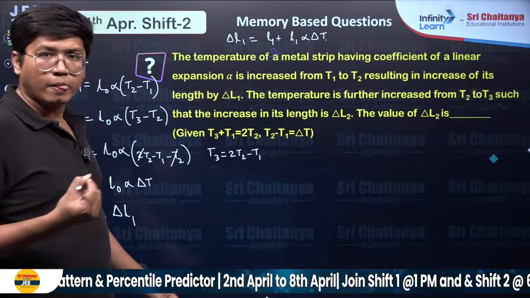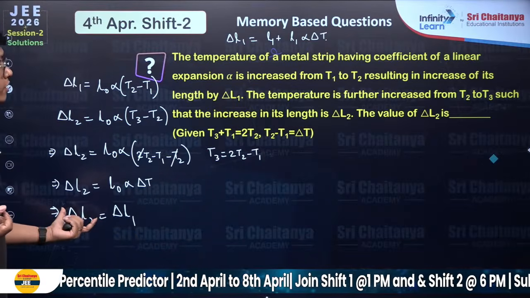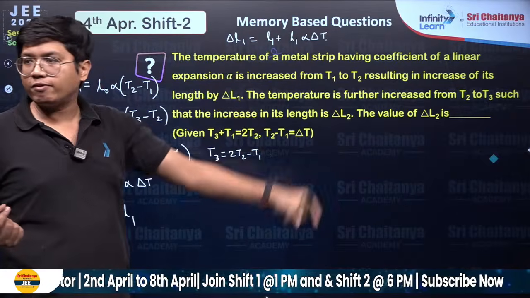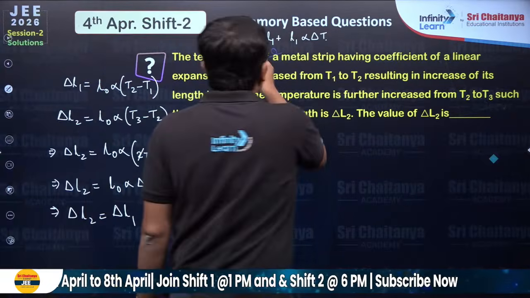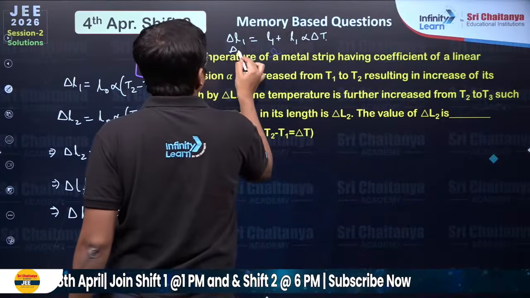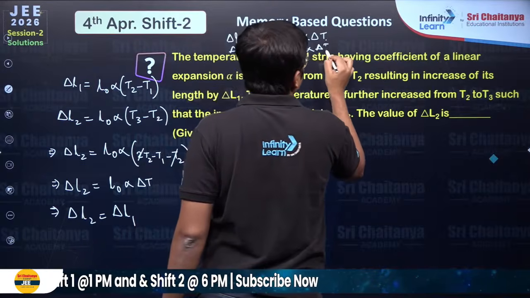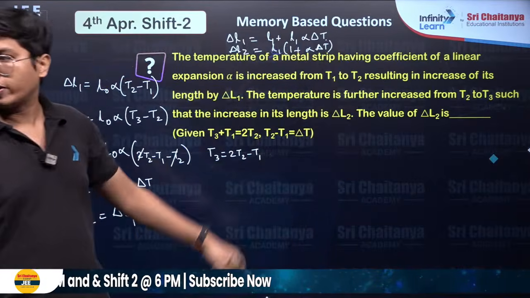I'm not sure. But at the end of the day, if you have this, you can just put delta L2 in here, that L1 into 1 plus alpha T. That's it. If delta L1 is equal to delta L2, then delta L2 is just L1 into 1 plus alpha delta T. That would have been the answer if they would have given you an L1.